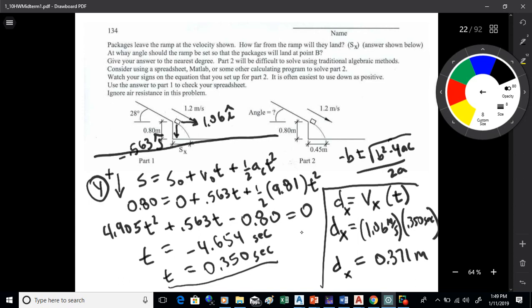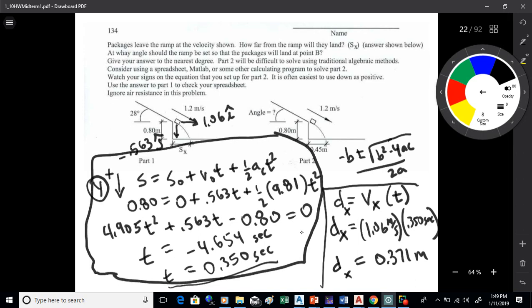I can use this equation to find the time, and once I know the time, I can multiply the time I just found by the x velocity, and I can find the distance. Okay, so I have a couple relationships there that will allow me to work through that, two of them. Use that one equation in the y direction to find the time. Once you know the time, multiply it by the x velocity to find the distance.